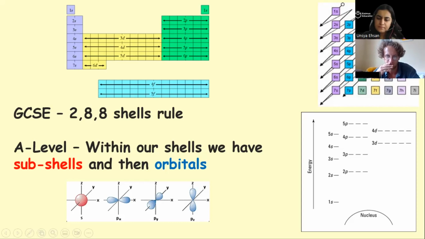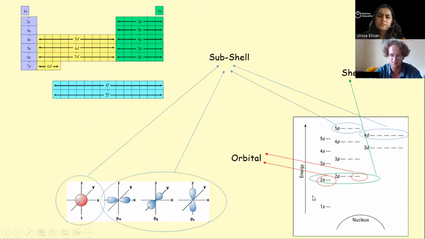Okay. So we'll come back to that slide before. You can see this more clearly here now. So the little bit where 2 electrons fit, that is an orbital. The entire 2 is a shell, and then P is a subshell, S is a subshell.